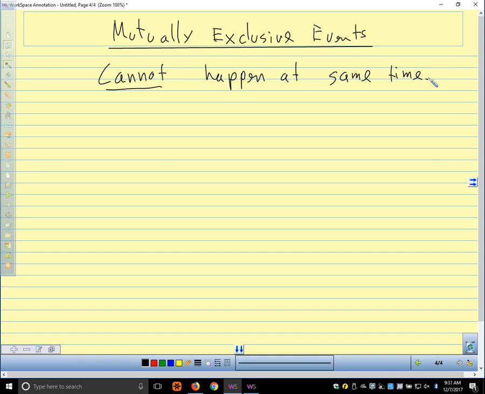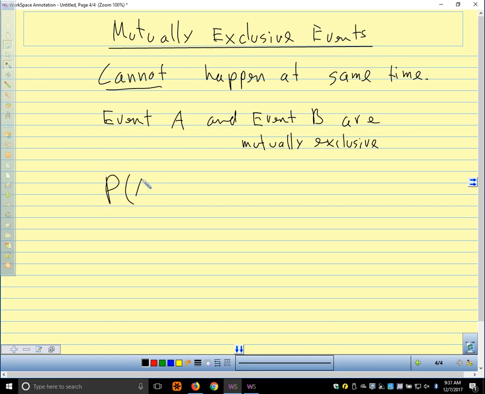And when we're calculating the probability, say we have event A and event B that are mutually exclusive. They can't happen at the same time. We're interested in the probability of one or the other happening, A or B.